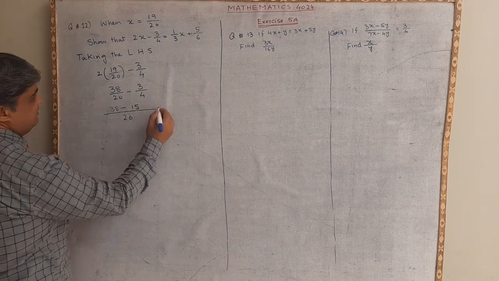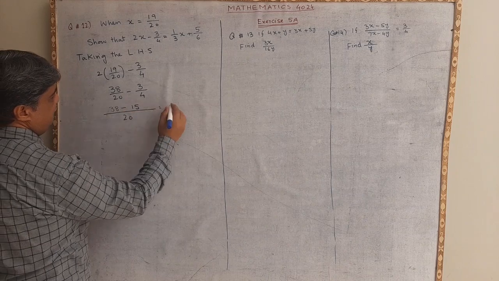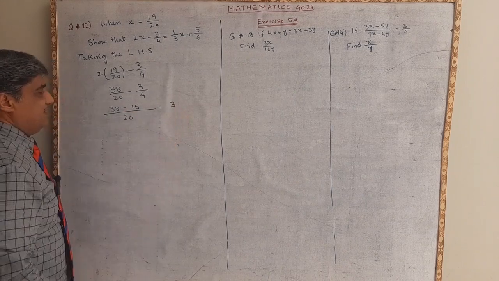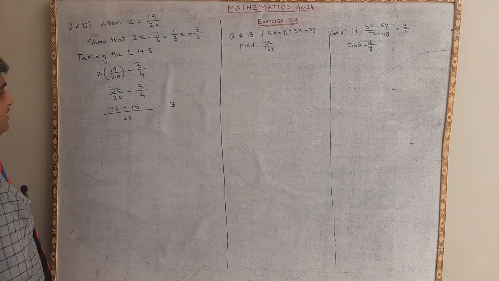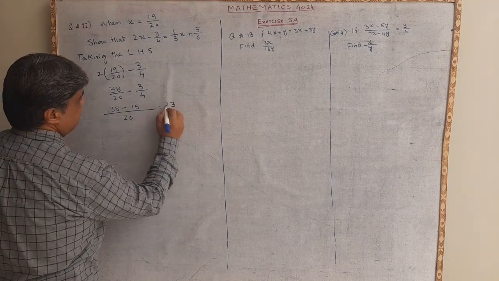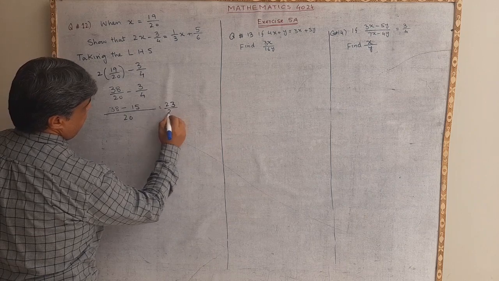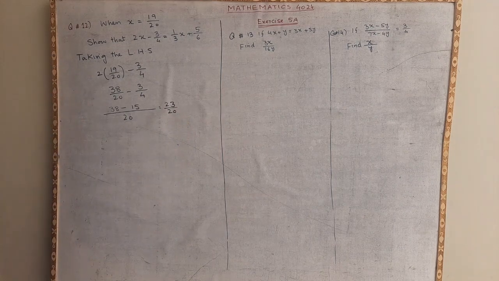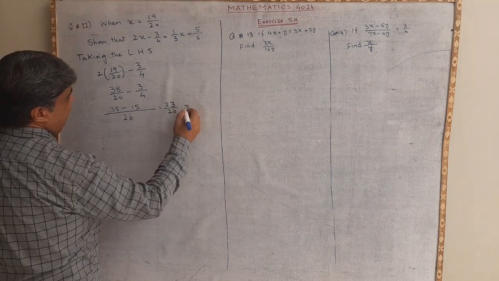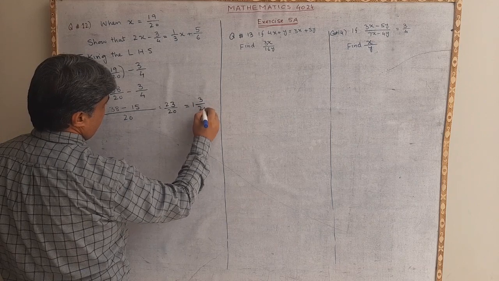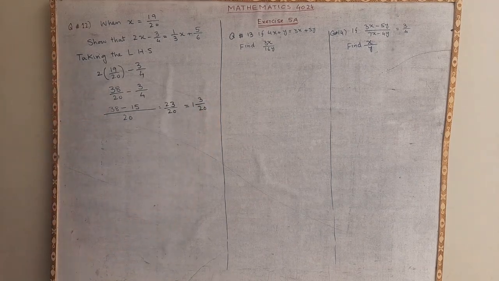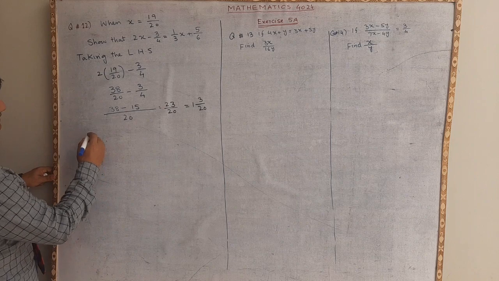When I subtract this 15 from this 38, it will give you 23, divided by 20. So let us divide this 23 by 20, and it will give you 1 whole 3 over 20. That is the value of the left hand side.